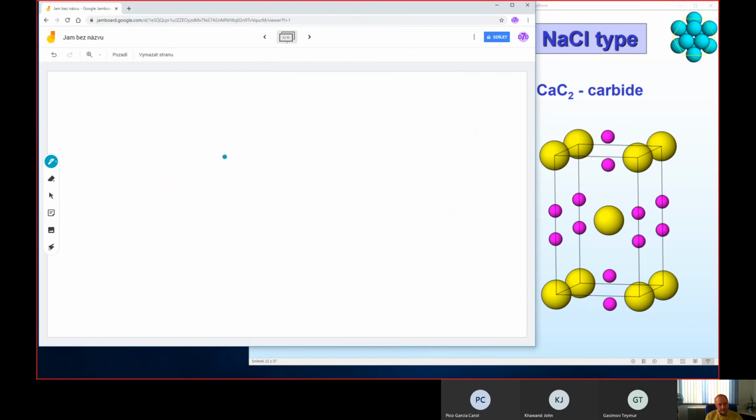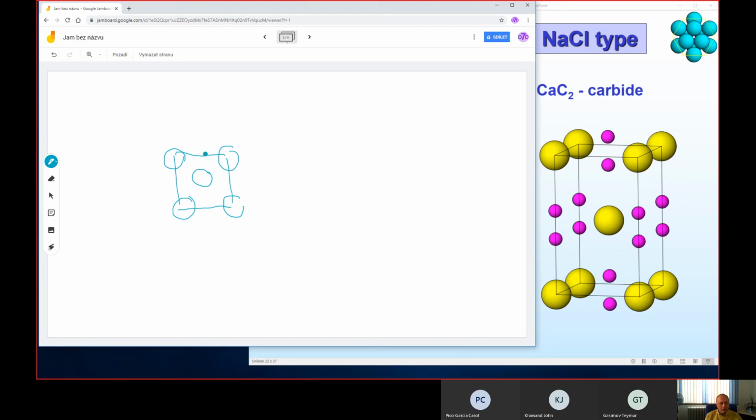If you have the cubic unit cell, and you have one type of atoms in corners and also in the center. This is what you have to fill in your exam tests. These are sections which are perpendicular to a given crystallographic direction.